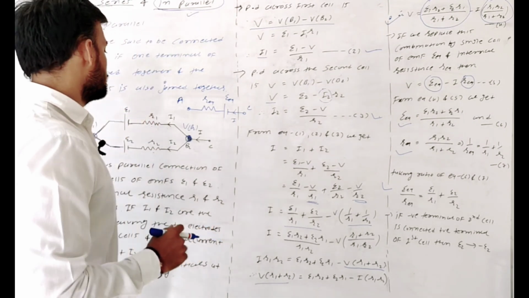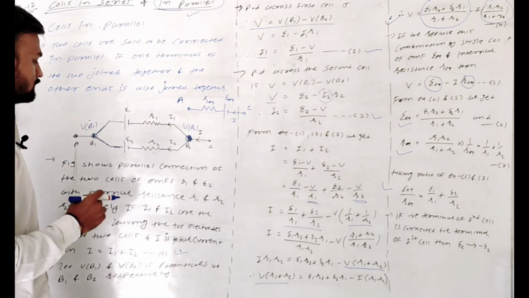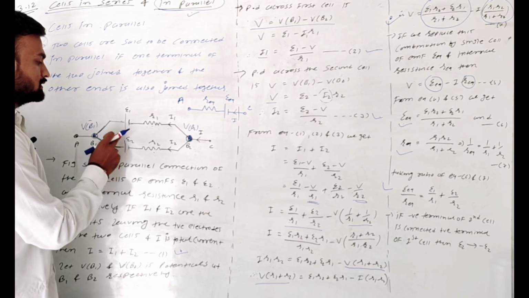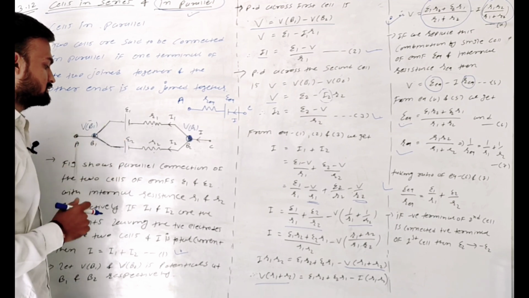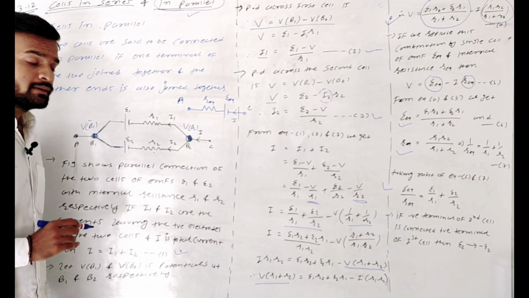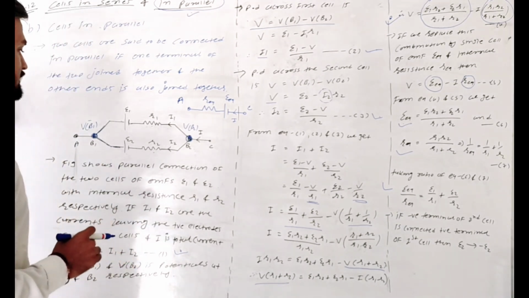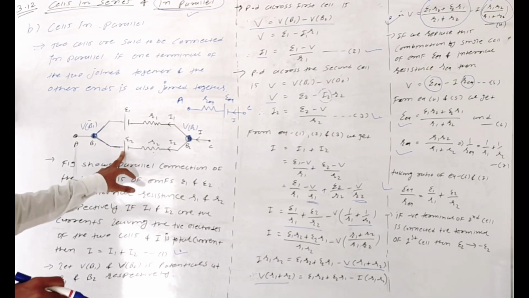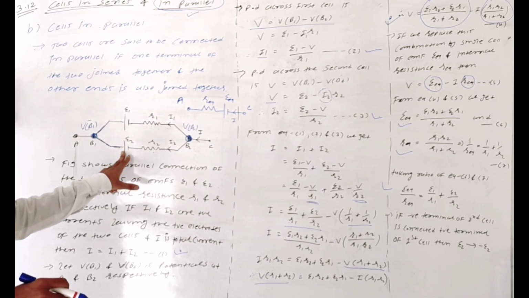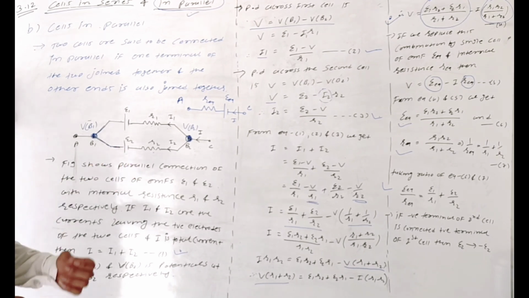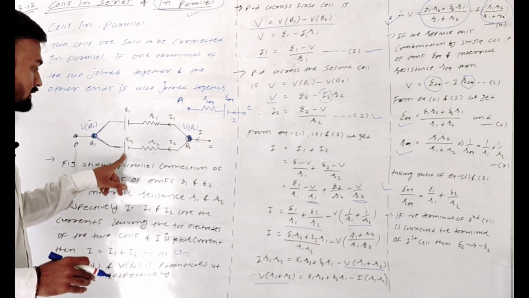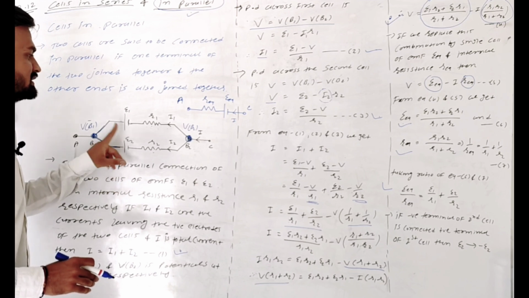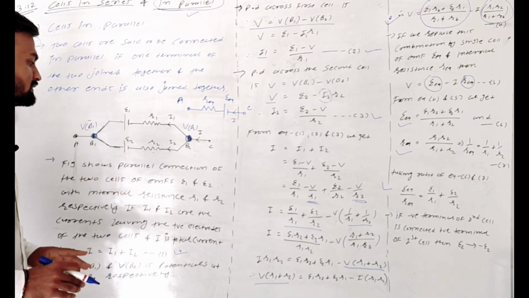Here you can see that we connected the positive terminal of the second cell with the positive terminal of the first cell. But if we replace this positive terminal of E2 by the negative terminal of E2, then what happens? It means we are connecting the negative electrode of the second cell with the positive electrode of the first cell.